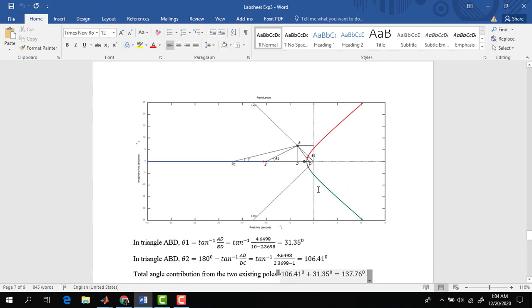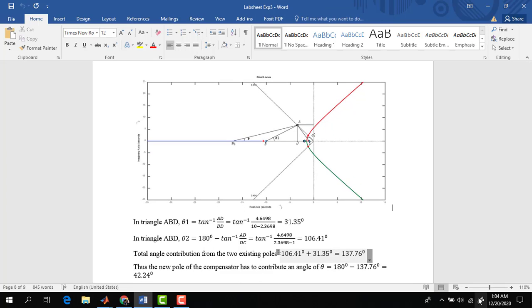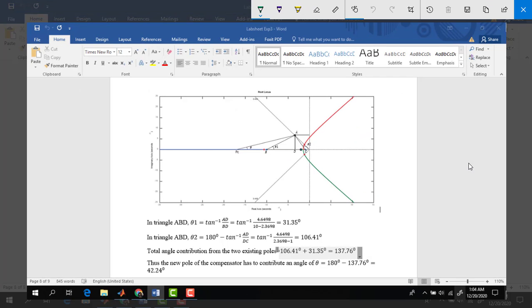So in this figure, this small portion is 2.37, and this portion here, AD, is 4.65.